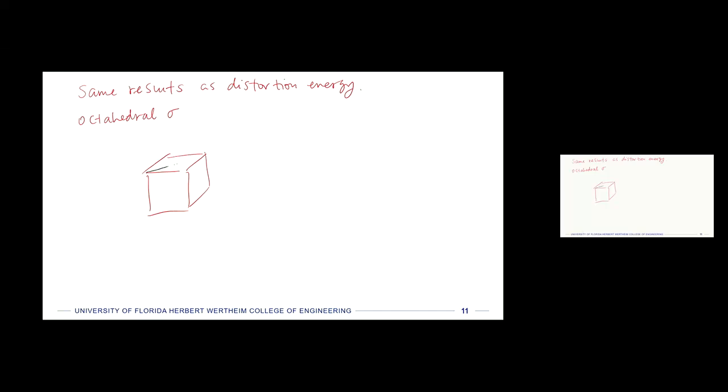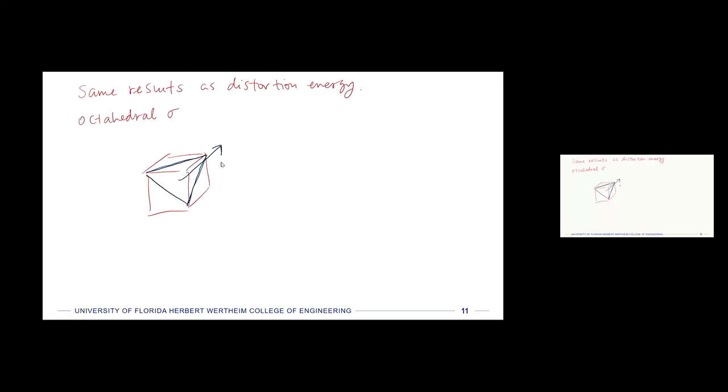So I'm going to draw sort of a shape right here. All right, so it's a triangular shape. And this is kind of like what we did when we were talking about defining the stress states in the first place. So if we cut off that corner, and then we have that plane, and we define a stress coming out of that plane, that's the octahedral stress.